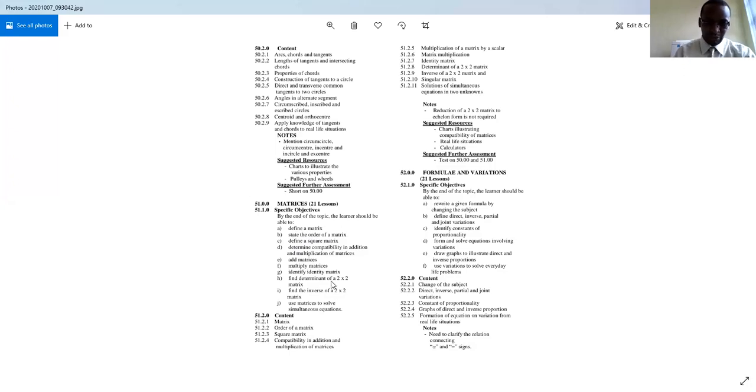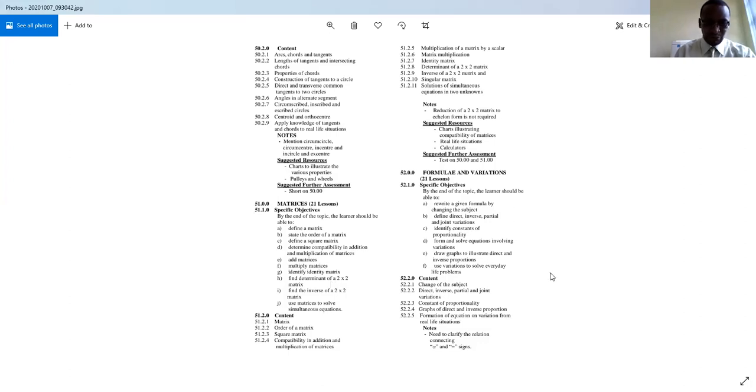Four, you should be able to determine compatibility in addition and multiplication of matrices. Five, you should be able to add matrices. Six, you should be able to multiply matrices. Seven, you should be able to identify identity matrix. Eight, you should be able to find the determinant of a 2x2 matrix.